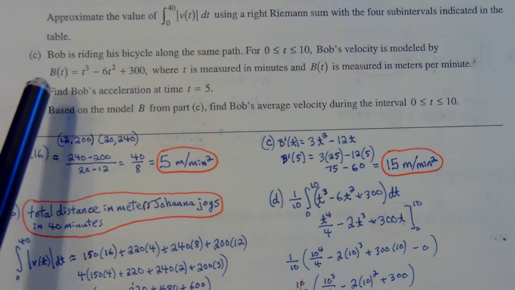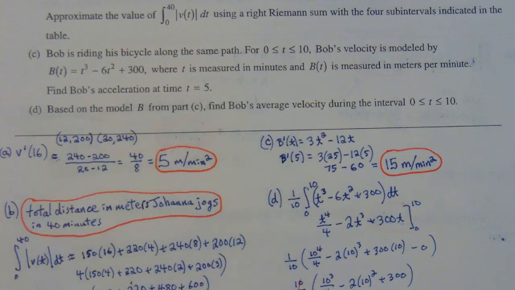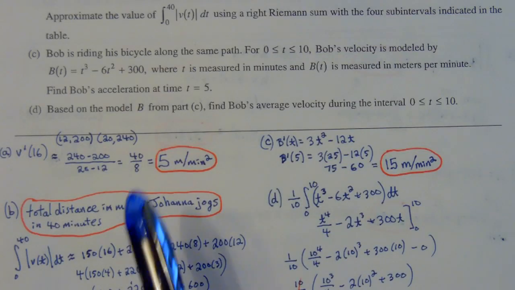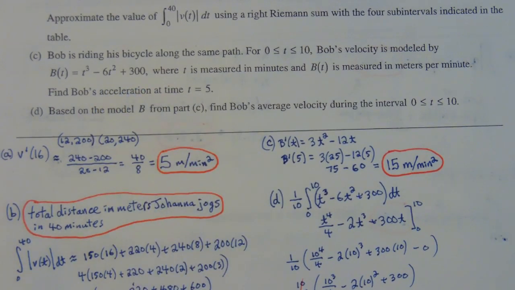If it would have given me a position equation and then find the average velocity, that's when I would do my slope with that position function, because then you would have meters on the top and you divide it by the minutes on the bottom, and it'll turn into a derivative of slope for you. And if you do the slope of this, then you're doing acceleration units there. So again, if it gives you an equation like cupcakes and it says find the average number of cupcakes, that's meant to do your average value formula.